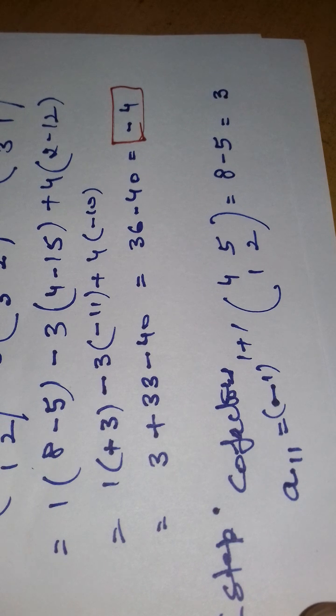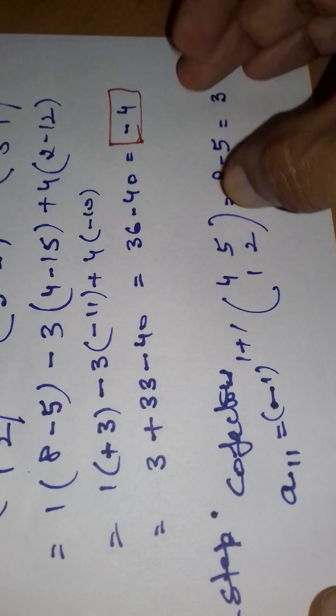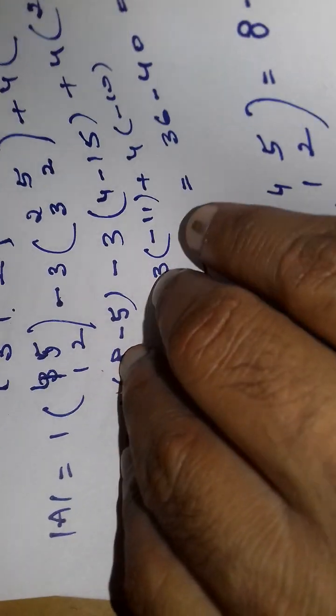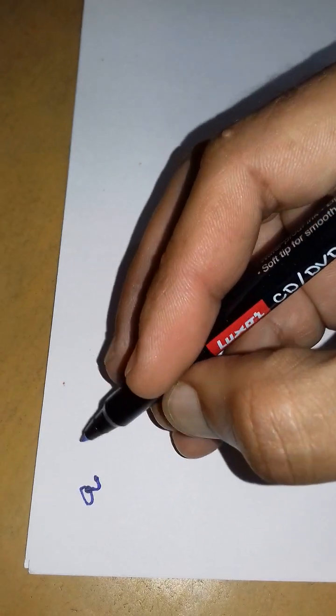Next, let's find cofactor of A12, first row and second column.